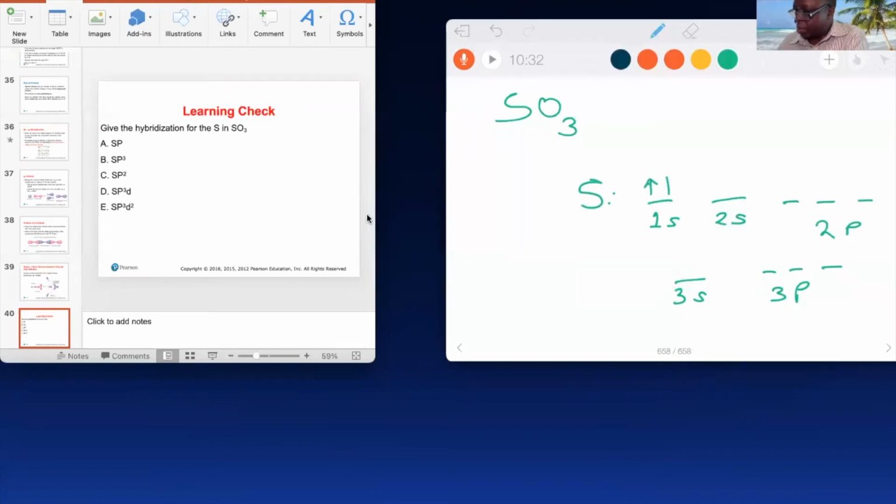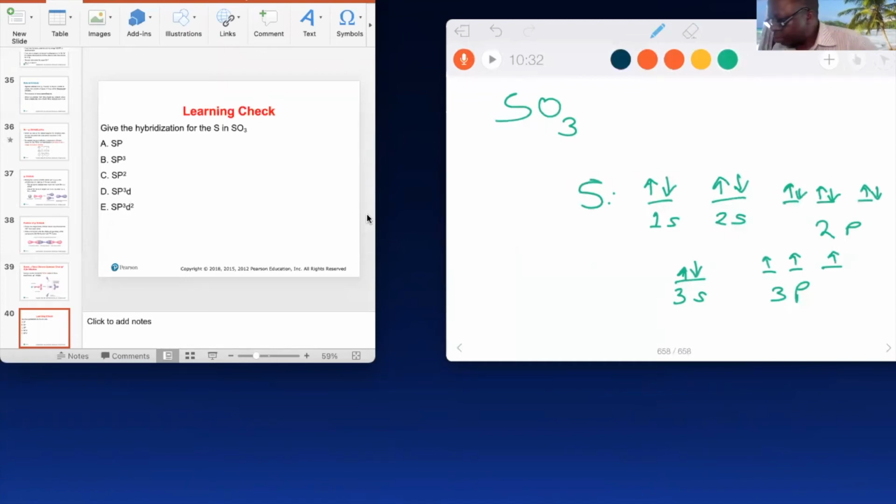1, 2, 3, 4, 5. No, we don't pair them up. So 4, 5, 6, 7, 8, 9, 10, 11, 12, 13, 14, 15.